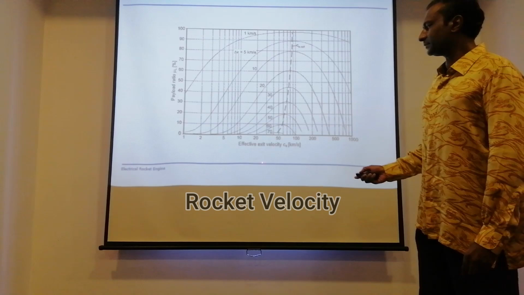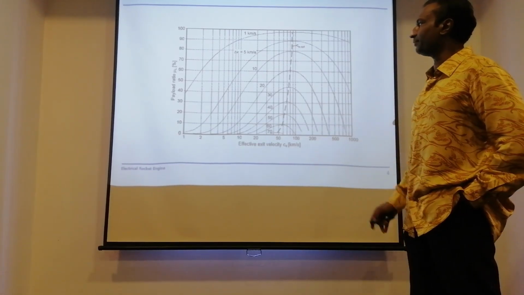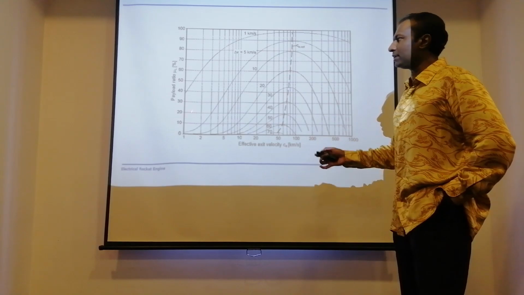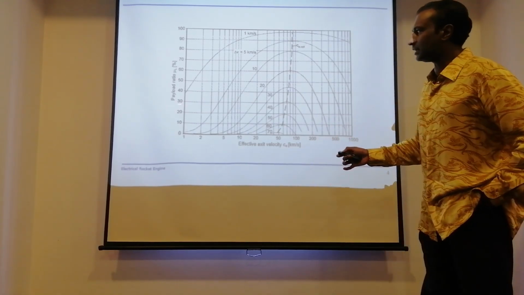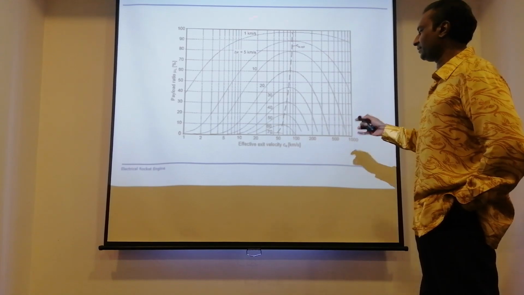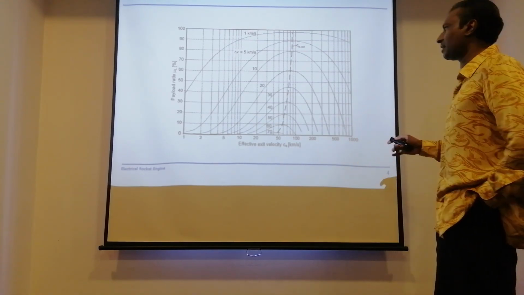Now, look at effective exit velocity, CE, with respect to the payload. Obviously, when the payload ratio is higher, your effective exit velocity is going to peak and then come down.